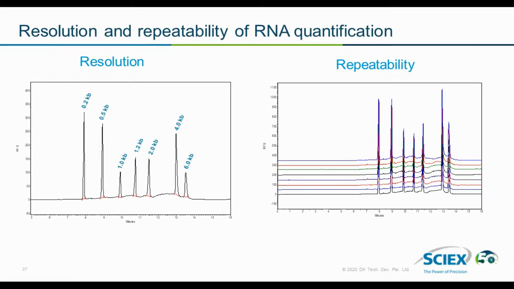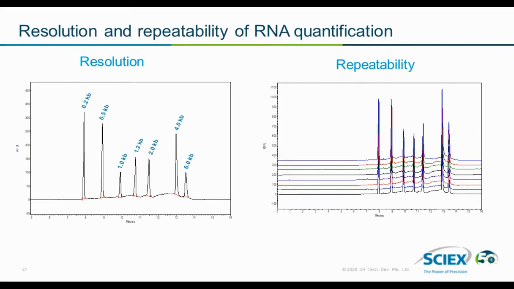But the other thing is, as you move to larger molecules of RNA, as I mentioned, CE is capable, by changing the gels and the capillaries you use, of separating even larger molecules of RNA, and it's a very, very reproducible technique. CE and gel-based separations have been used in the biopharmaceutical industry for over 15 years for analysis of proteins, for example in quality control of monoclonal antibodies.